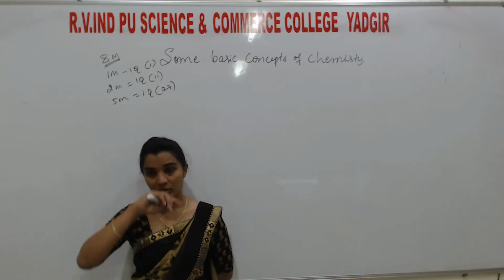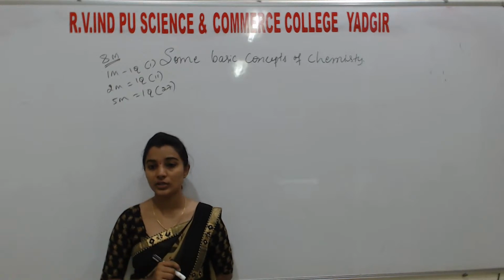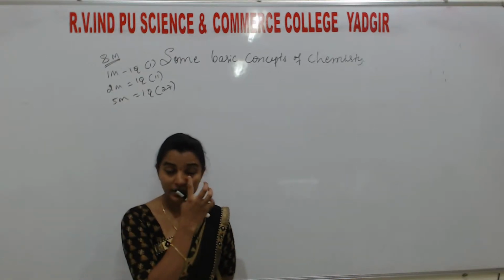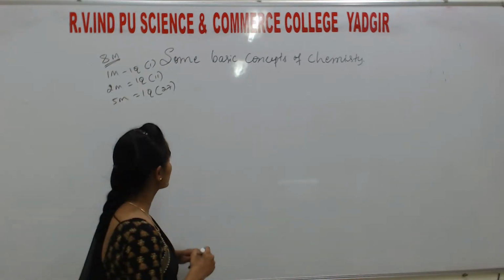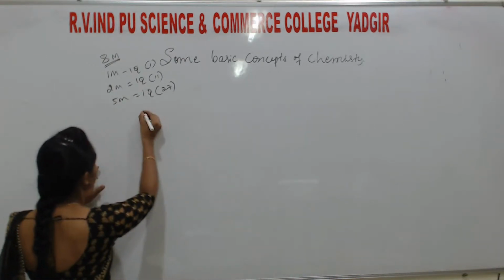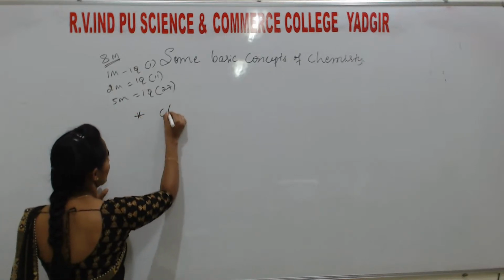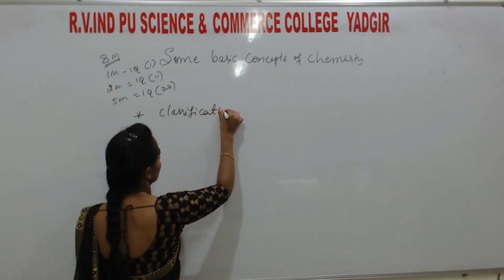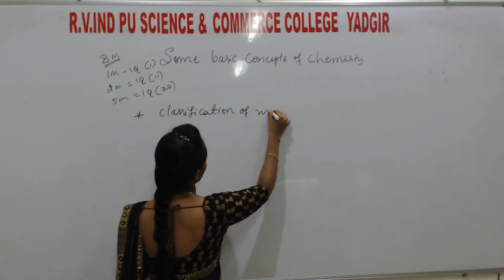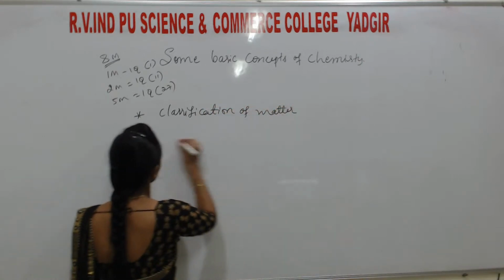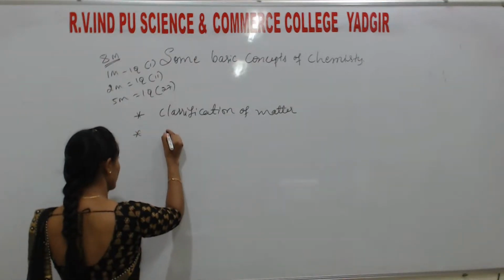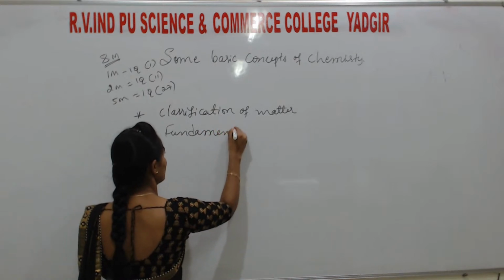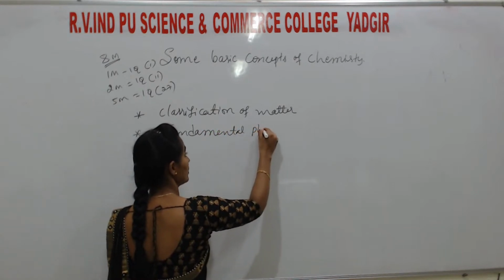So after that, students, scientific notation and also significant figures. What is scientific notation and significant figures? Write first the objectives of this chapter. First, classification of matter. Second one is fundamental units, fundamental physical quantities.